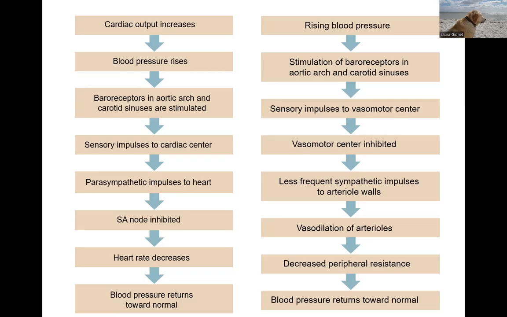Over on the other side, it's similar, the origin. Rising blood pressure stimulates the baroreceptors. Now we send impulses to, technically, the vasomotor center. But the point is that the brain then detects that. And now what is it going to do? How is the sympathetic system going to adjust or try to remedy this? Is that we will have fewer signals, before we sent more signals in the parasympathetic.